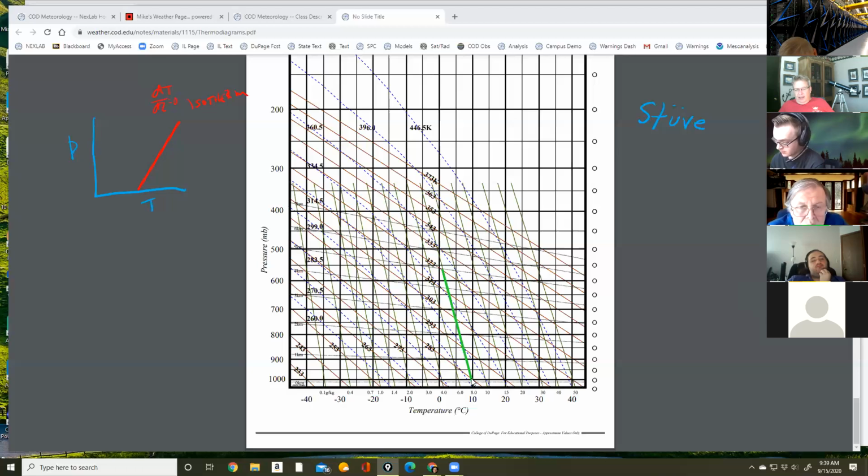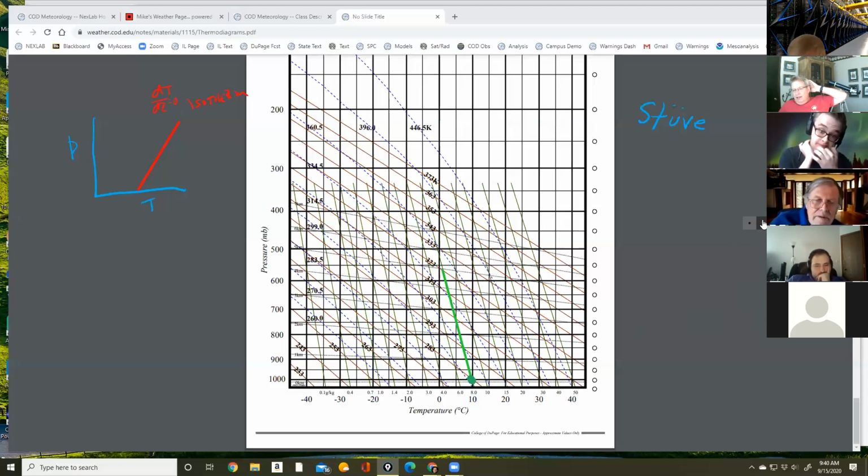The thing is, do you understand that they go through temperatures and pressures? These lines go through temperatures and pressures. So at 10 degrees Celsius, 1,000 millibars of pressure, there's the line that goes through it. What's the value of this line? 8 grams per kilogram.